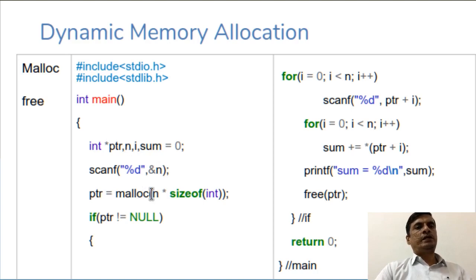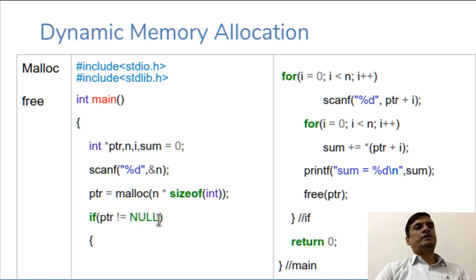With n into sizeof integer type, n integer locations get allotted through the malloc function, and it assigns the first address to the pointer. Here I didn't use the casting, but because malloc returns void, you must cast it to the appropriate data type. Say if the pointer is equal to null, that means it has not allotted the memory at all.